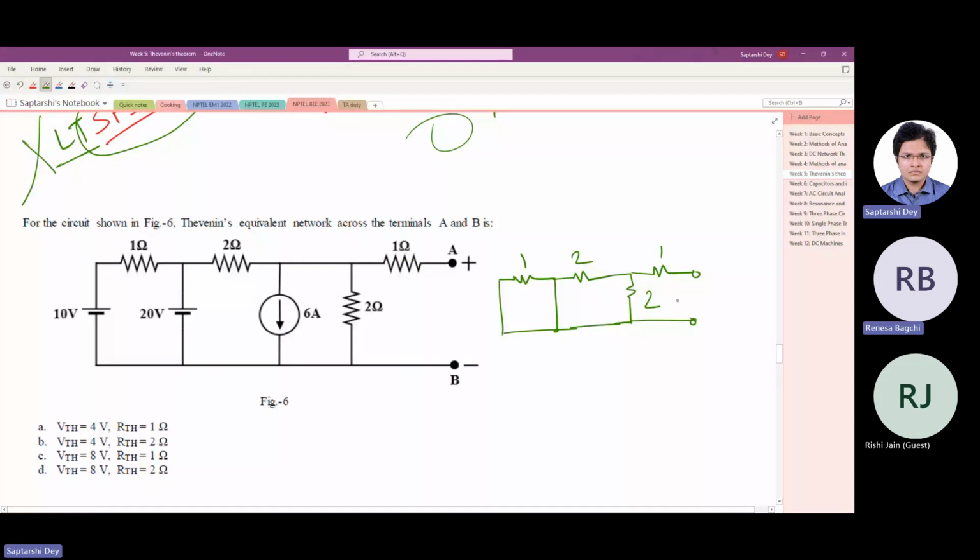So the answer will be: VTH will be 4 and RTH will be 2.